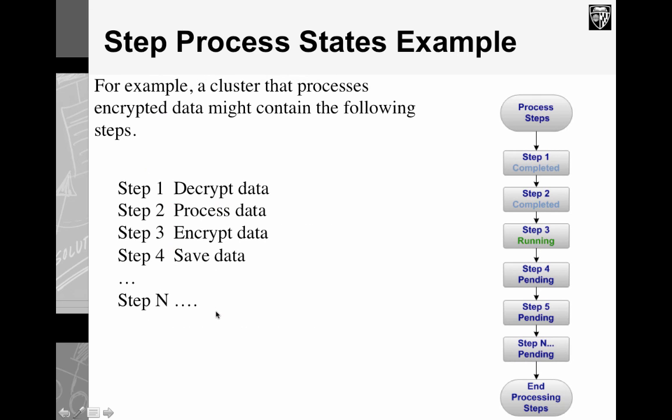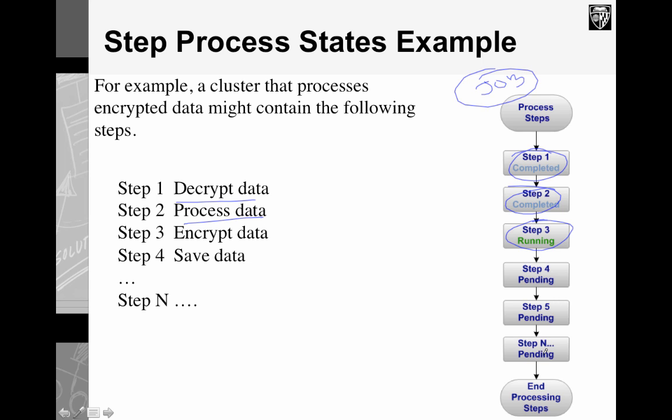Okay, so let me show you a picture. Let's say that you have a job, and that job has several steps, and we know that each one of the steps is a Hadoop job, Hive, Pig, or custom jar. So let's say step 1 was to decrypt the data, step 2 was to process the data, and step 3 was to encrypt the data. And notice that step 1 is completed, step 2 is completed, it went through its states, step 3 is running at this point.